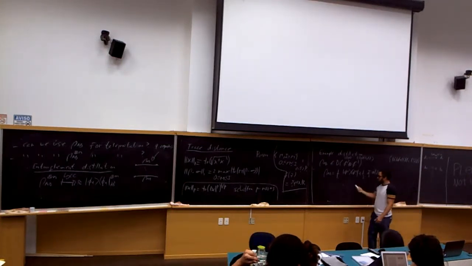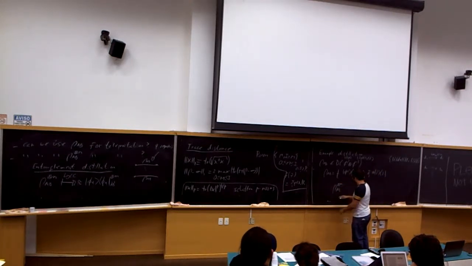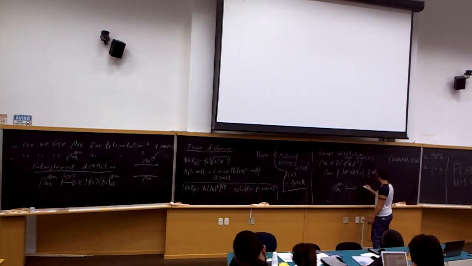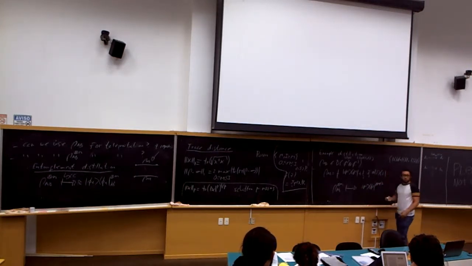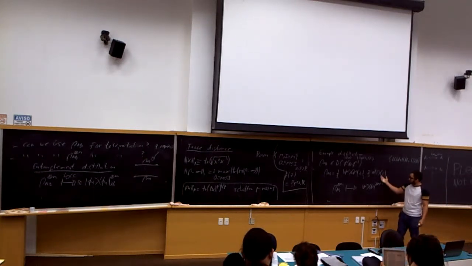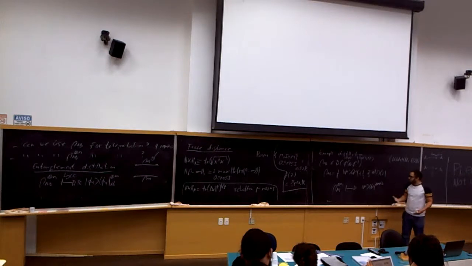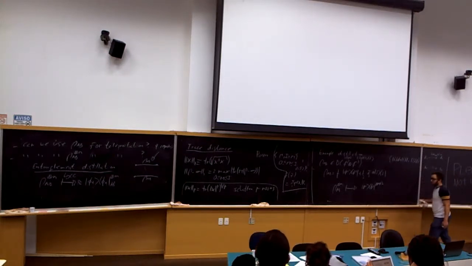So for large n, this can be mapped to roughly n over 2 copies of phi plus. That's a particularly easy distillation protocol because the state is so simple. Sometimes the state is more complicated and the distillation protocol will be more involved, but that's the kind of idea you have in mind in distillation.